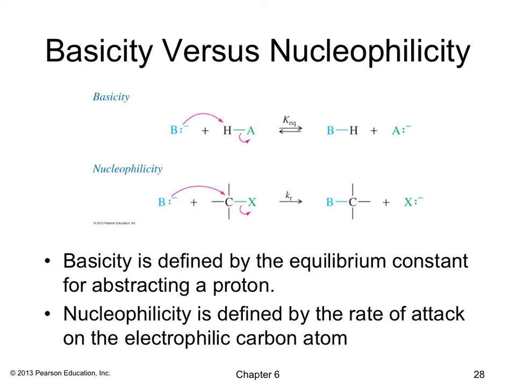Basic, it just plucks off a proton. The nucleophile attacks the carbon, kicks off the halide to generate a new covalent bond to the carbon. So basicity is defined by the equilibrium constant for abstracting that hydrogen, which is a proton. Nucleophilicity, on the other hand, is defined by the rate of attack on the electrophilic carbon. So how fast this can go, so it's defined by the rates, kr.